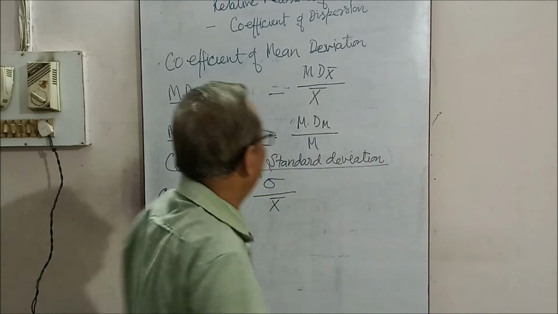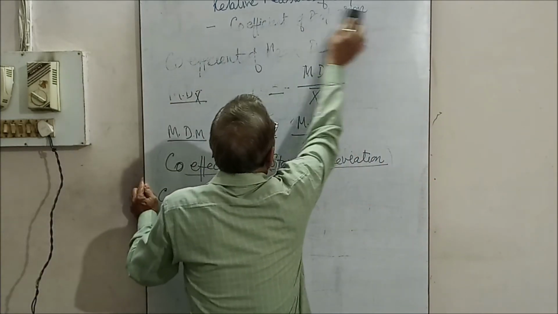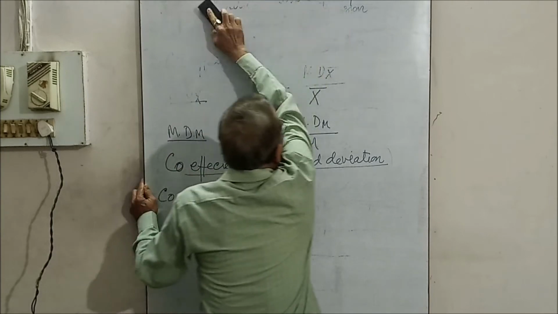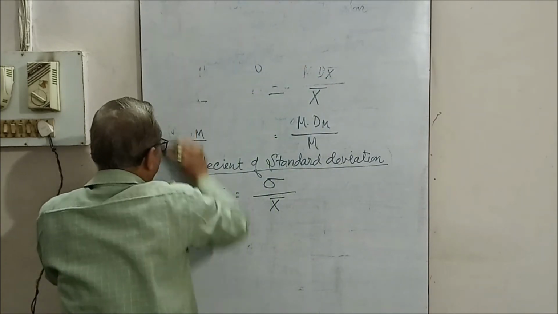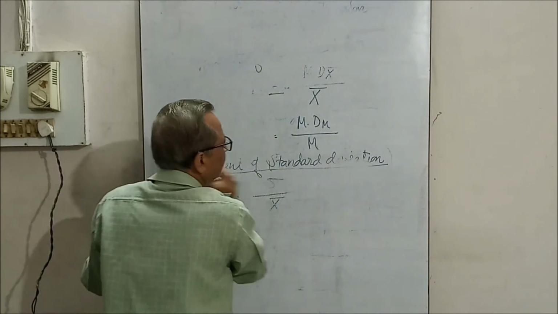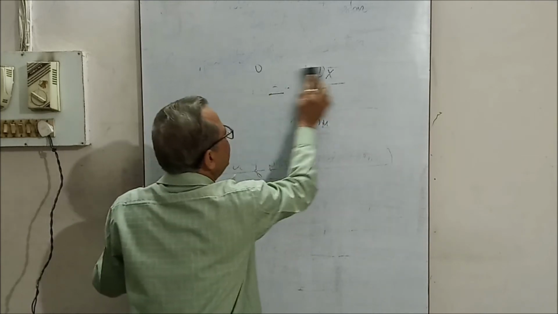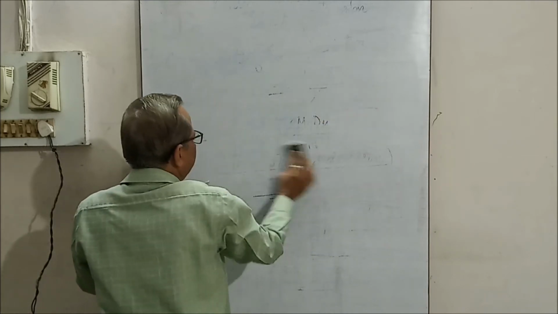Now see the Lorenz curve. It is a graphical method of studying the measures of dispersion.